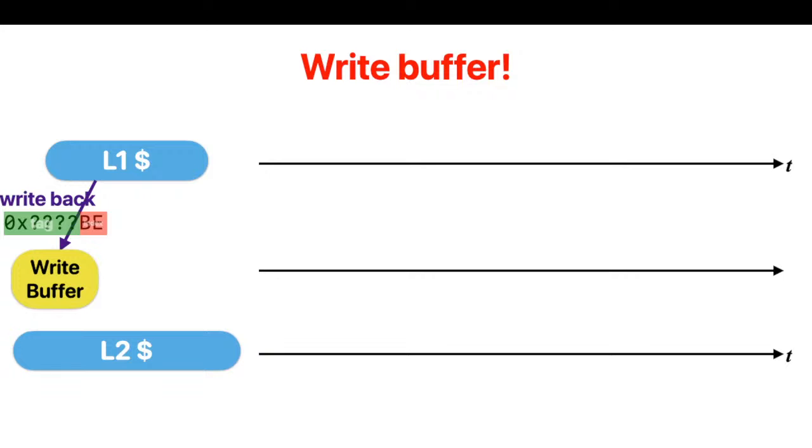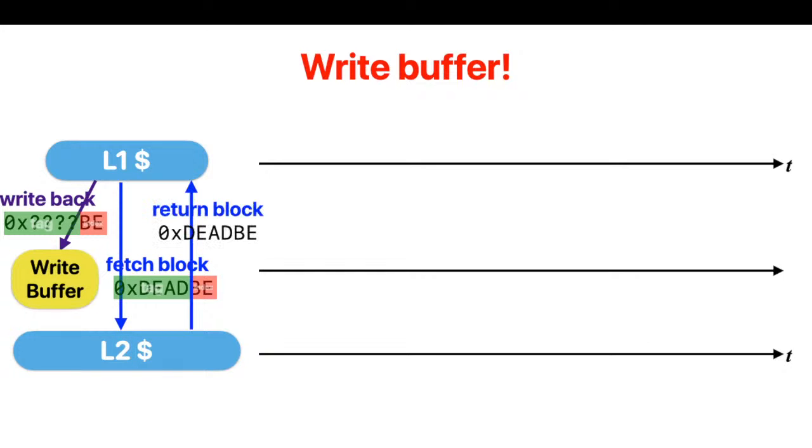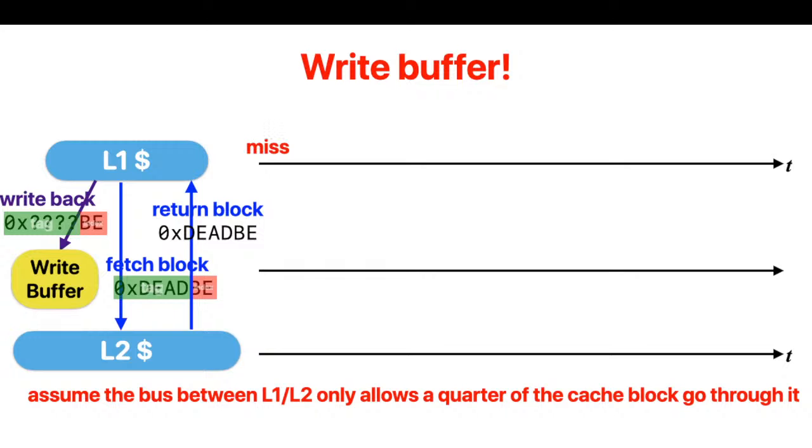we write your stuff first back to this small write buffer and fetch the block from the L2 in the meantime. So whenever there is a miss, if we need to write, let's write to the write buffer first. And remember, this is a small fully associative cache, so the access time is short. This is similar to something you should learn from Norm Jouppi's paper, that a fully associative cache is slow. However, if you make it small, it could be efficient.